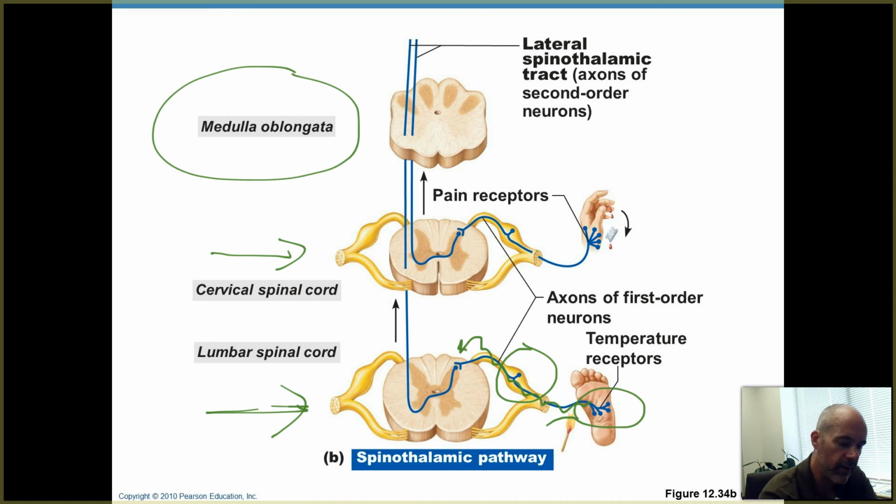There's an interneuron sitting back here in the posterior horn of gray matter in the spinal cord. It gets stimulated, it reaches threshold, it generates an action potential and sends an impulse way, way, way up the lateral spinothalamic tract. And then that axon is going to form a synapse with an interneuron in the thalamus portion of the brain. That's a deep area of the brain.